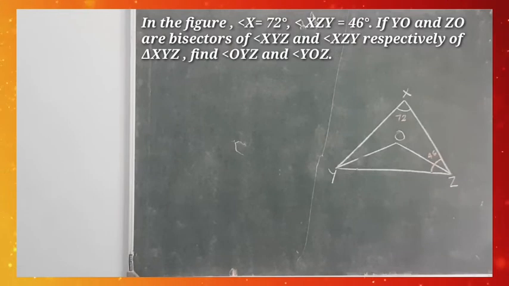See the next question. In the figure, angle X is equal to 72 degrees. Angle XZY is equal to 46 degrees. If YO and ZO are bisectors of angle XYZ and angle XZY respectively of triangle XYZ, find angle OYZ and angle YOZ.